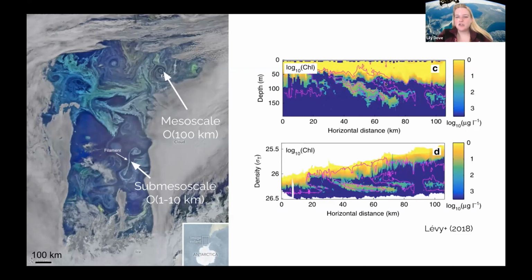And you can see this interesting patch here that's below the mixed layer. But if you plot this in density space, so our y-axis changes to density, you can see that that water was actually transported along a density surface. And this is a signature of submesoscale subduction of waters from the surface into the interior along density surfaces.